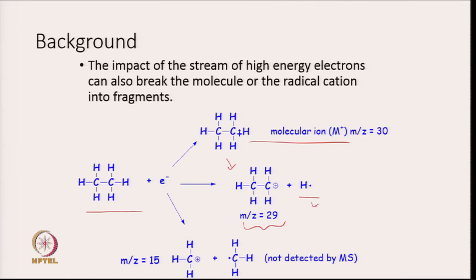The radicals are not detected in mass spectroscopy. This molecule can also break into a CH3 cation and a CH3 radical. The radical is again not detected by mass spectrometry, but this positive ion will be detected and a peak will be observed at 15.